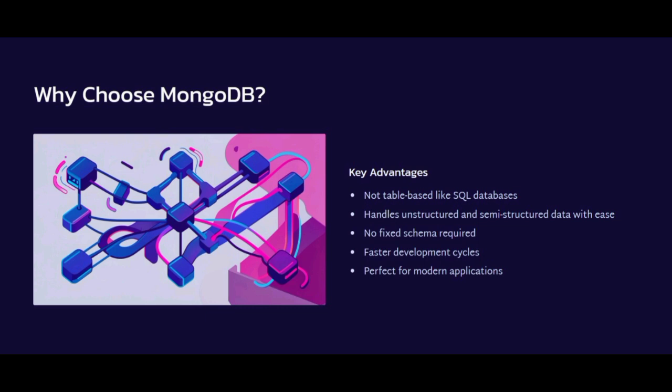So when we don't have structured data, when we have unstructured or semi-structured data, we can use MongoDB. And if there is no need of a fixed schema, then we can go to MongoDB. And if we want faster development, then we choose MongoDB. And for modern applications like Instagram, we can use MongoDB.